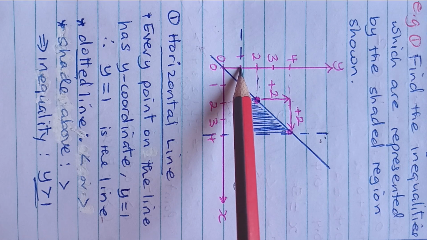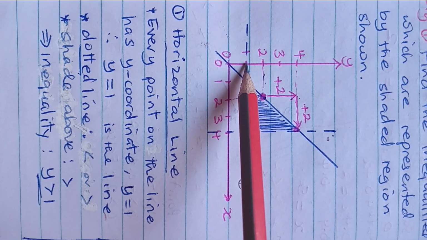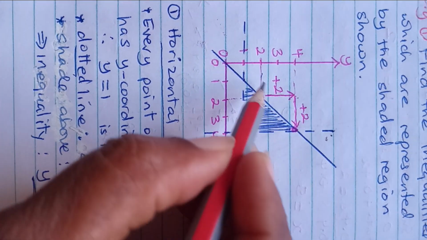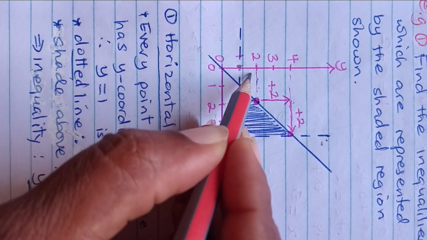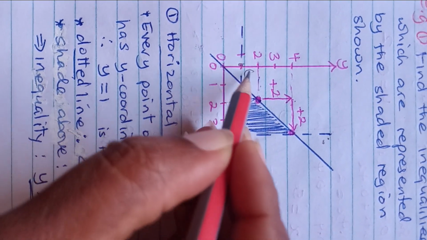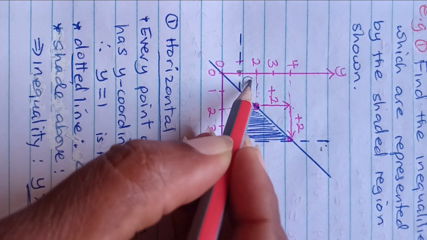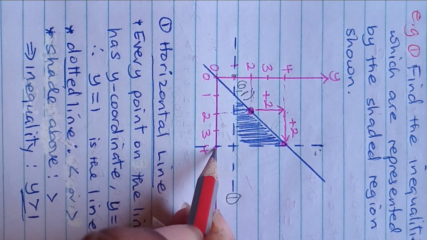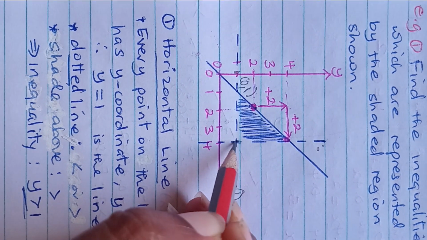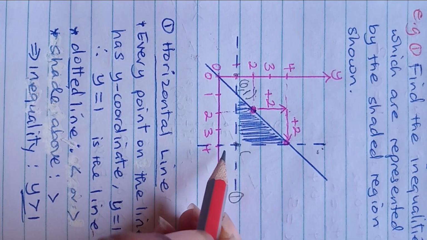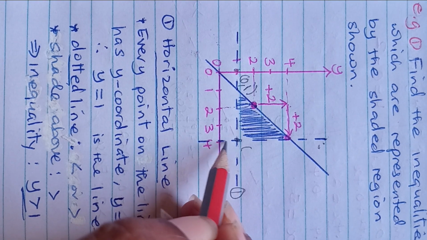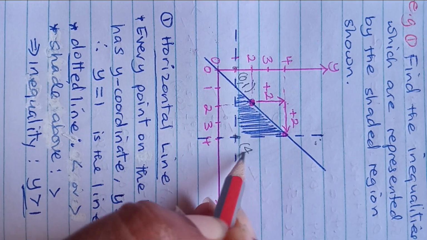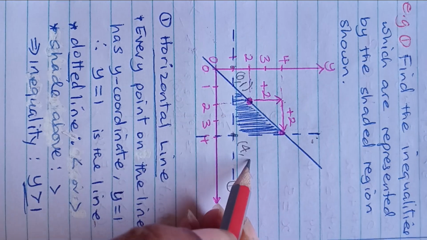Now, if you look at every point on the line going left to right, for example, this point, you will see that its coordinates are x equals 0 and y equals 1. If you check out this point, the coordinates are x equals 4 and y equals 1.